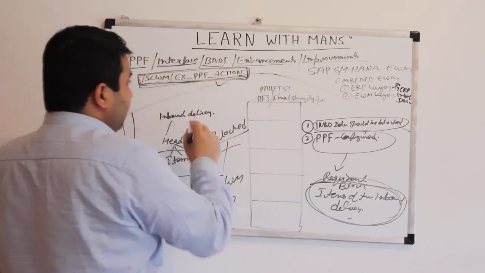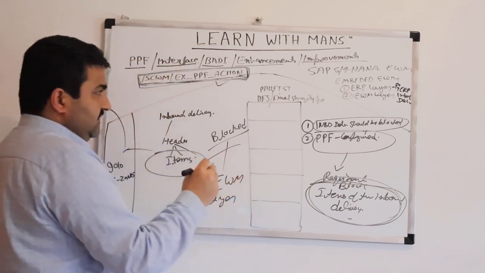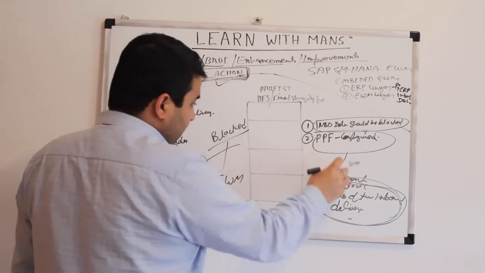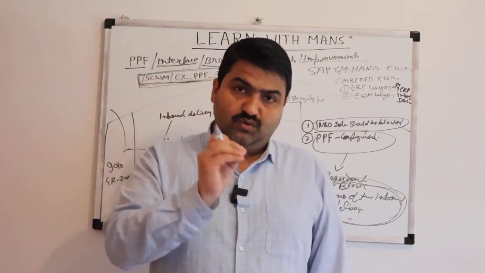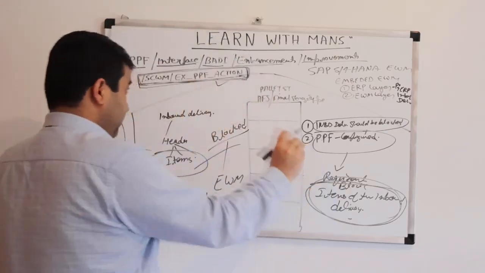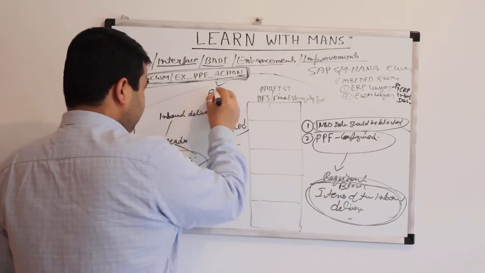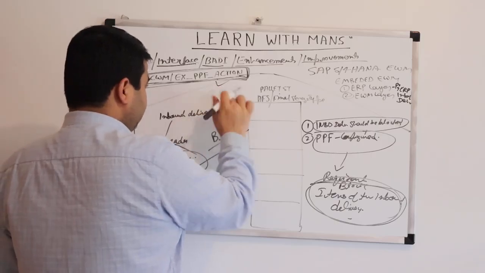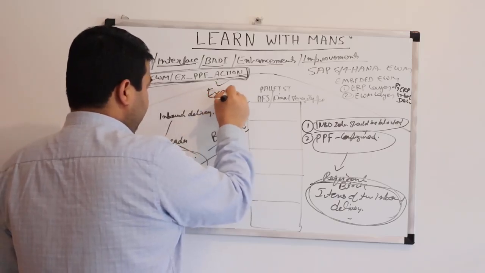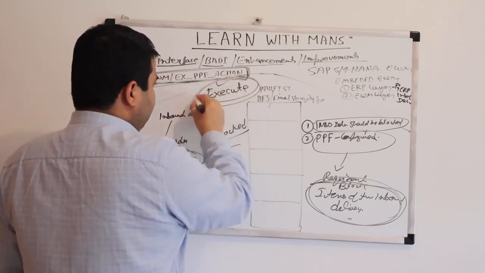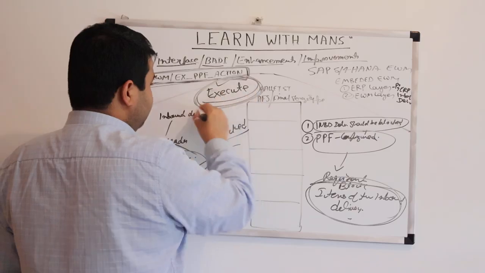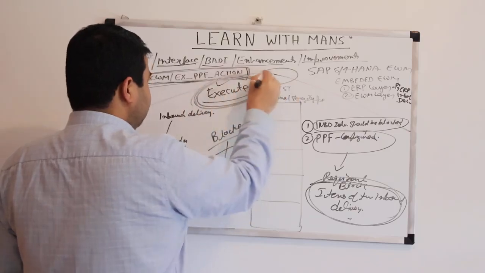This BAdI contains multiple methods. One of the very important methods where we write the business logic or coding is the method EXECUTE. This is the interface method which exists inside this BAdI.